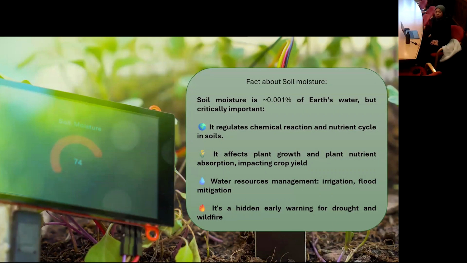First of all, I want to share about the fact of soil moisture. Soil moisture is a tiny fraction of the global water, but it's essentially very important for our lives. It regulates all the biogeochemical processes in soil, including the chemical reaction and nutrient cycle in the soils.